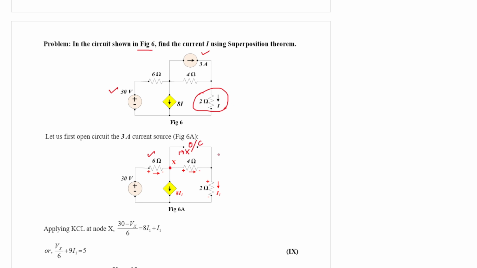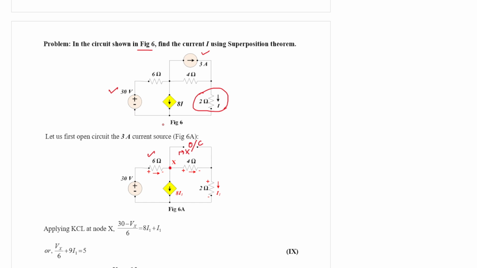Let us say that due to the 30 volt source, when the 3 ampere current source is not active, the current flowing through the 2 ohm resistance is I1. In the original problem in figure 6, the current flowing through the 2 ohm resistance is I, which is why the dependent current source is 8I.